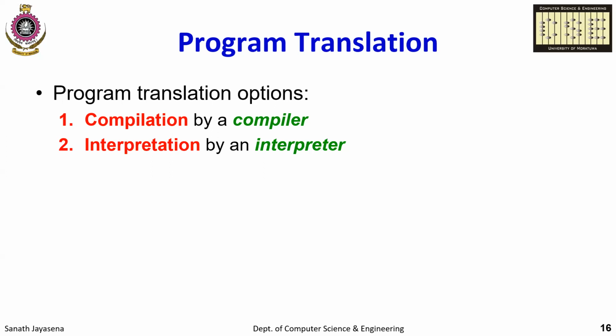So again, if you take the human example, let's say a human person A wants to give a particular message to person B, but person A's language is not understood by person B. And let's say there is now a translator in between.